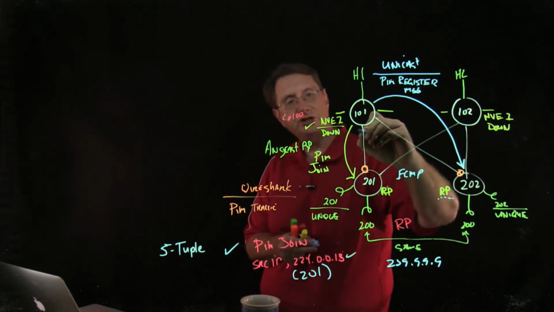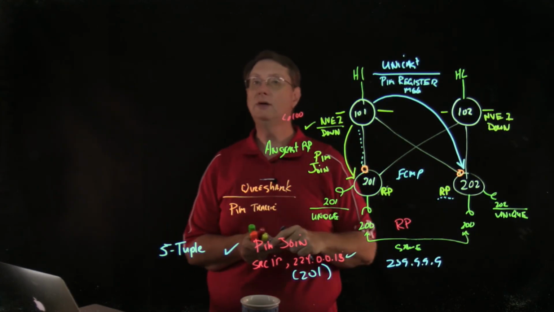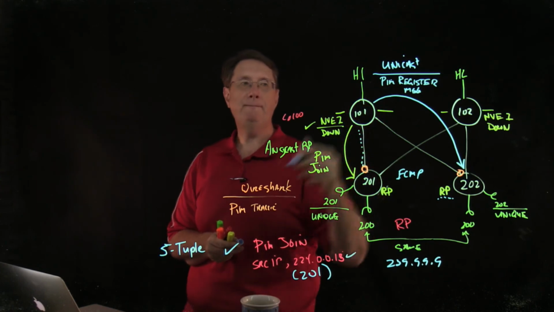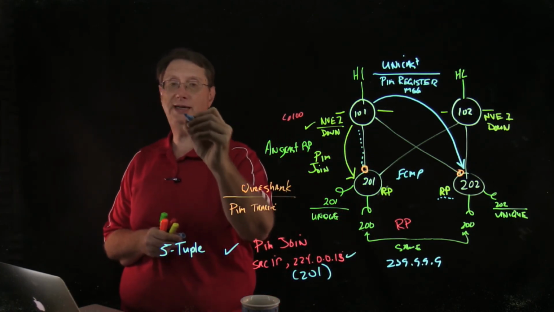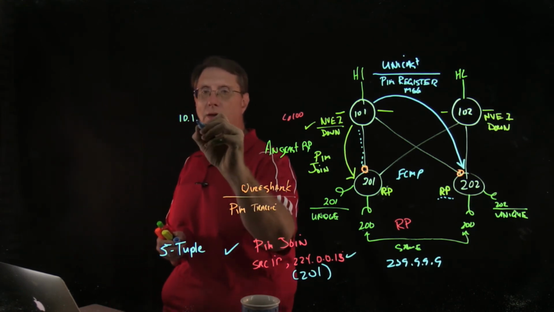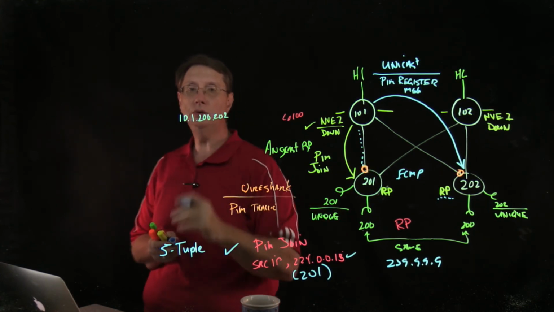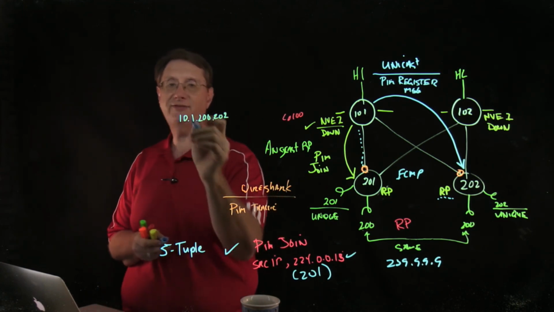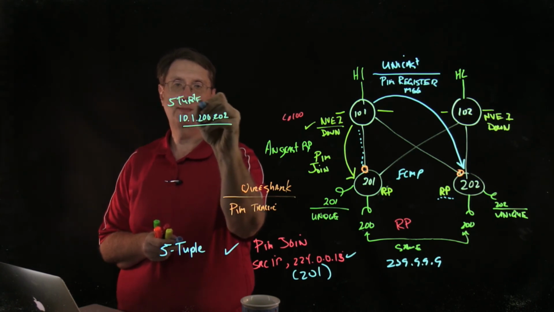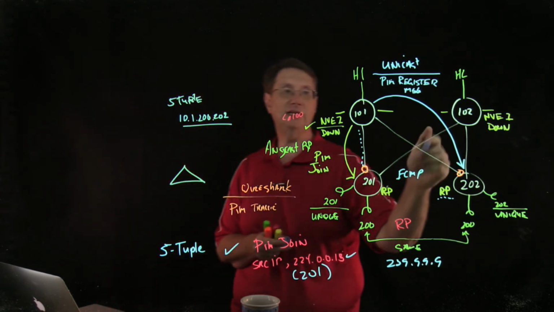And it chose to send that traffic down this link towards the rendezvous point of spine 201. Then it sent the PIM register, but the PIM register is going to 10.1.200.202, and it's going to have a different 5-tuple as a direct result of that. So the 5-tuples are different. Therefore, I'm going to send it across another link.